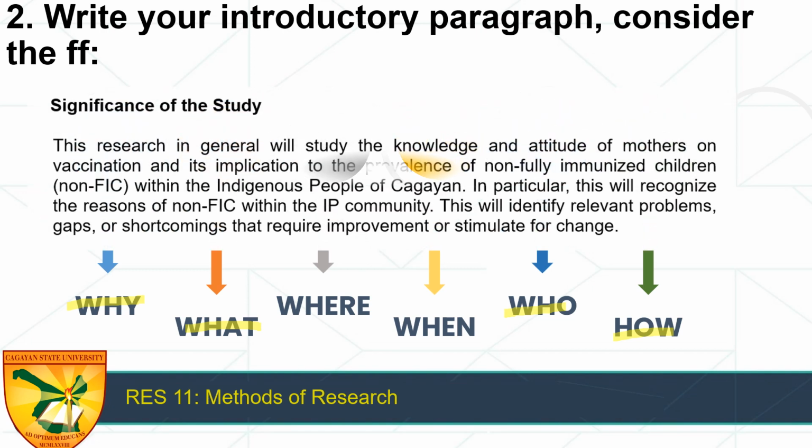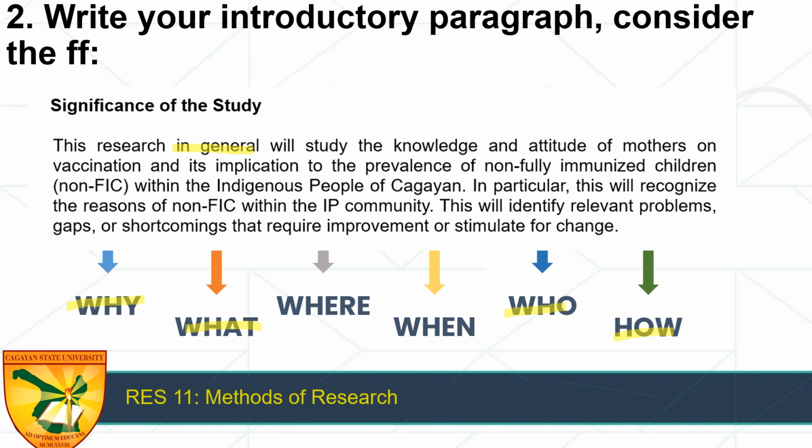So this is an example of the significance of the study of the sample study we had with DOH for the non-fully immunized children. So this research in general will study the knowledge and attitude of mothers on vaccination and its implication to the prevalence of non-fully immunized children within the indigenous peoples of Cagayan.